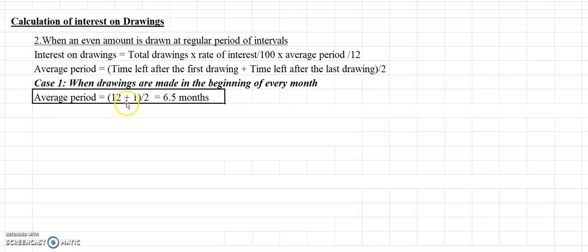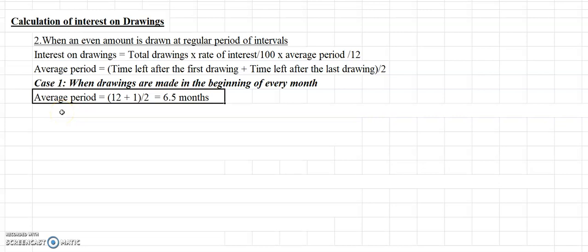So 12 months are there, plus last drawing is on 1st December, so 1 month is left till the end of the year. So 12 plus 1 by 2 is equal to 6.5 months.